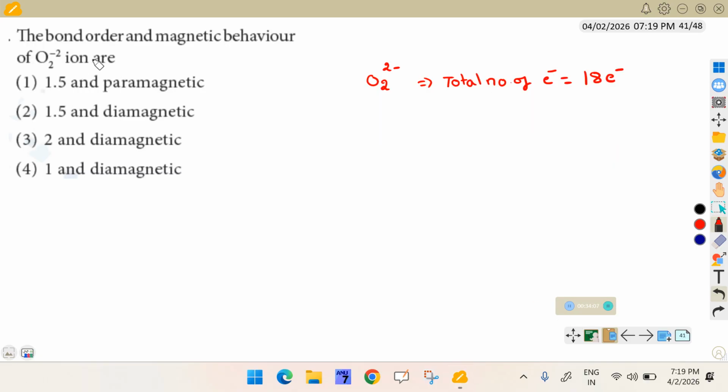The bond order and magnetic behavior. Total number of electrons in O2 2- is 18. So bond order value is equal to 1. How is it 1? Already in the last video I explained.